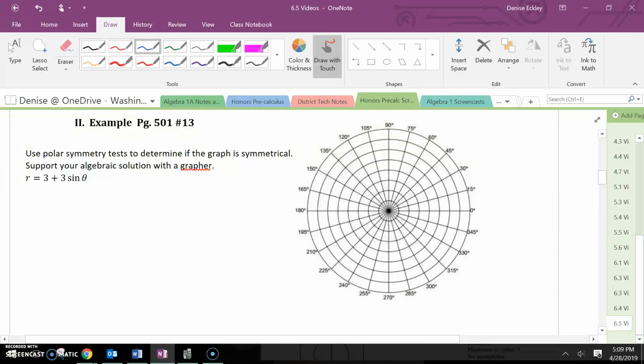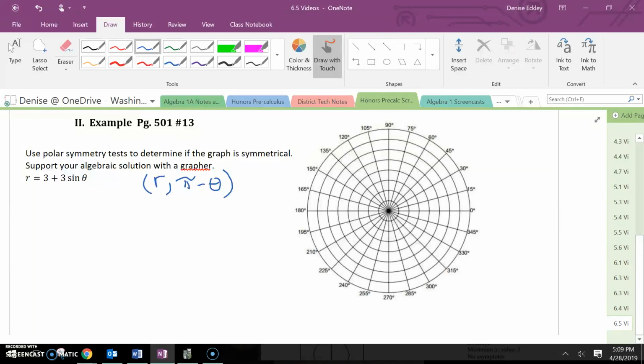So using r equals 3 plus 3 sine theta, if we have y-axis symmetry, we can replace r comma theta with r comma pi minus theta.